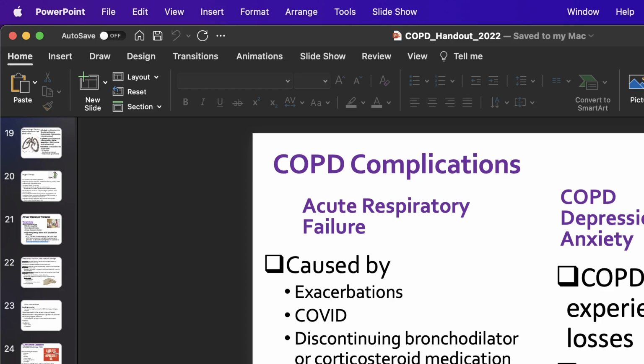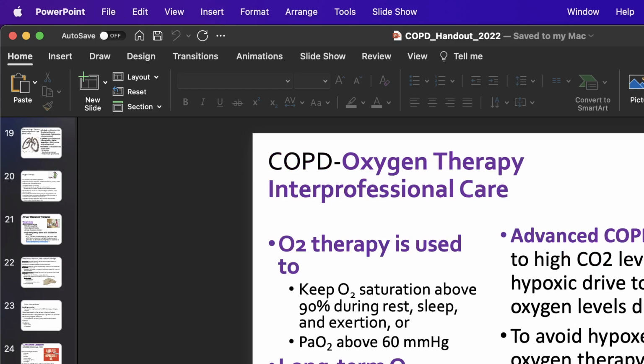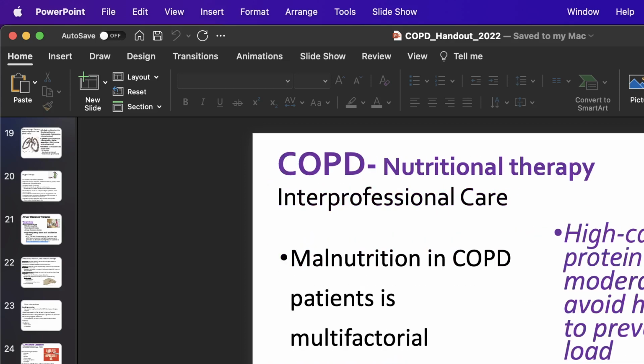Nutritionally, we said that because they're working so hard to breathe, using all those accessory muscles, they will lose weight rapidly. So we want them to have basically a high calorie, high protein, moderate to high fat diet. We don't want high carbohydrate because it increases their CO2 load.